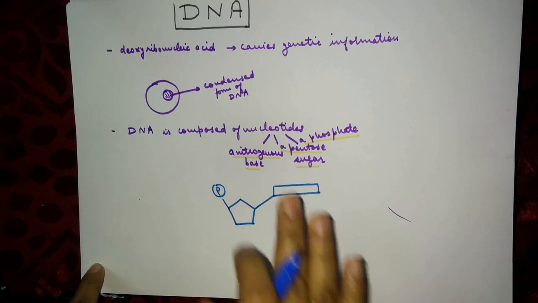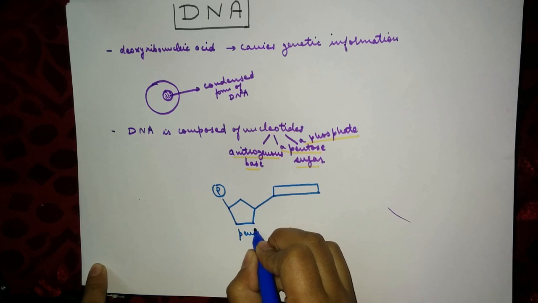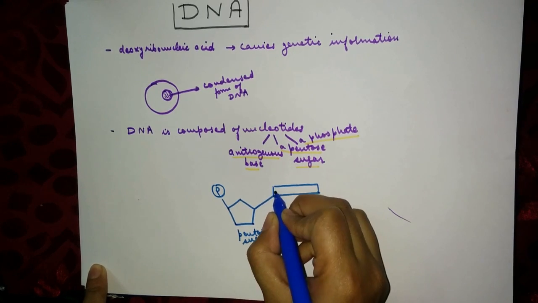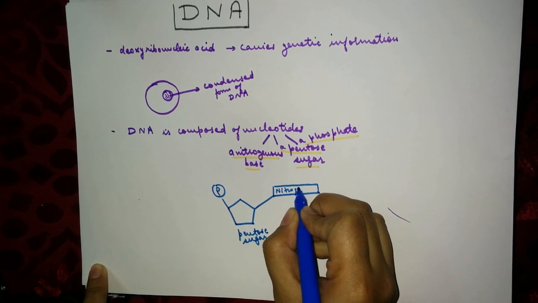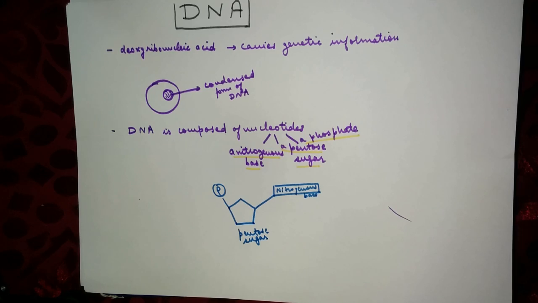So this is the basic structure of a nucleotide. This is the pentose sugar. This is the nitrogenous base. And this is the phosphate molecule.